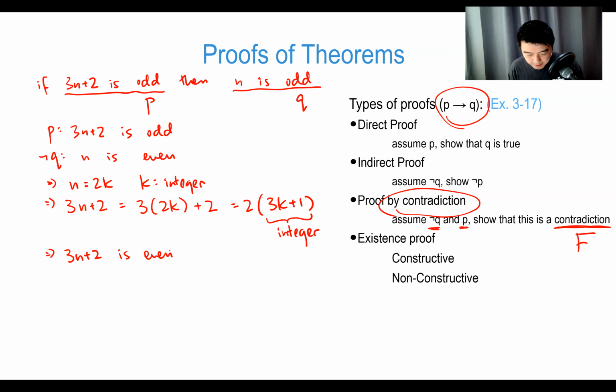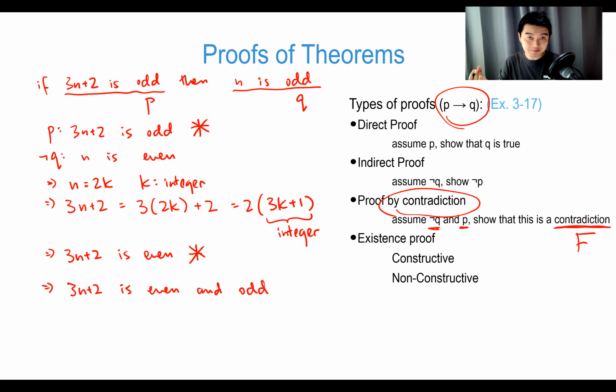Now notice that every statement I wrote down at this point is assumed to be true. In particular, I have this statement and I also have this statement. Those two starred statements are both assumed to be true, so I can AND them together. I can say 3n plus 2 is even and odd.